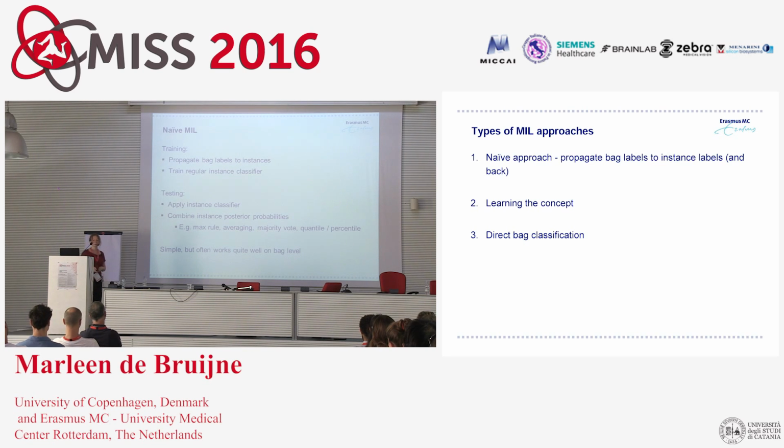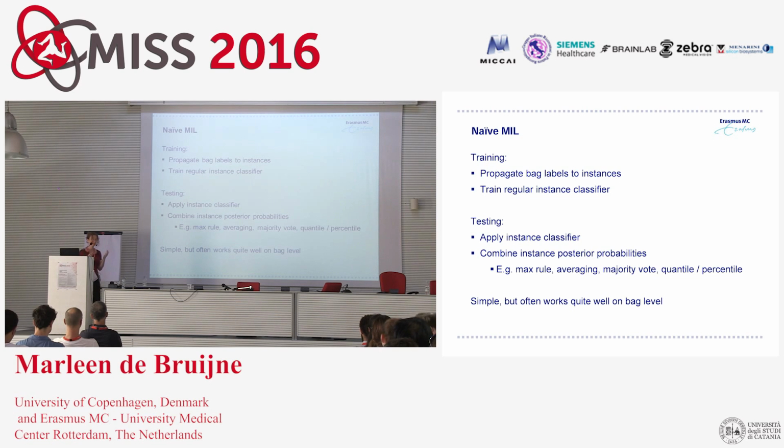What we do is, well, we have bags, we have images with a lot of patches. Some of these images contain disease, others do not. For the images that do not contain disease, we say all the instances are negative. For the images that contain some disease, we say all the instances are positive.